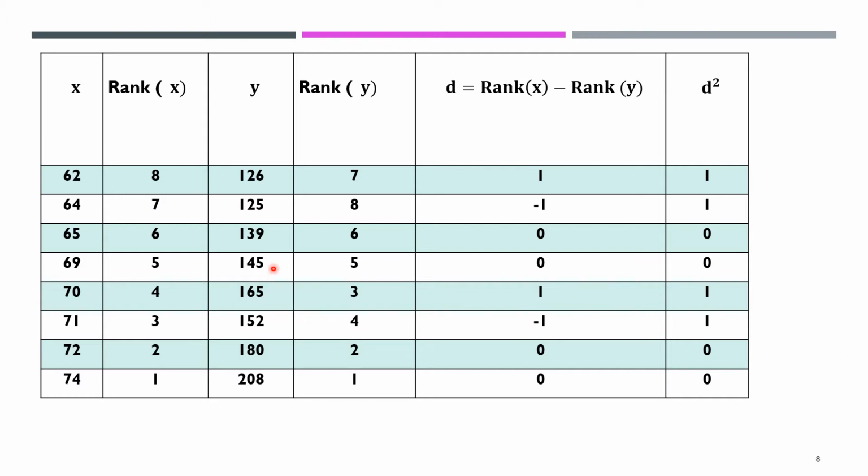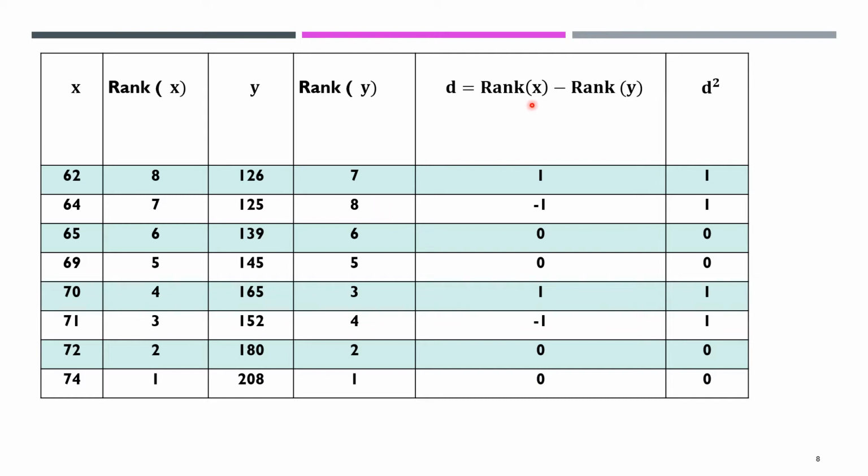Next is 145, rank 5. After 145, we have 139, rank 6. Then 126, rank 7, and 125 is rank 8. Again, none of the values are repeated, so we get the ranks from 1 to 8, which means n is equal to 8.